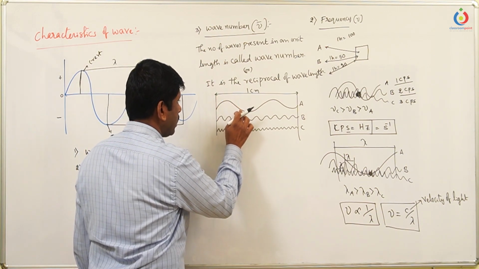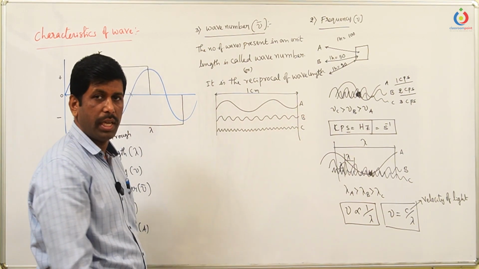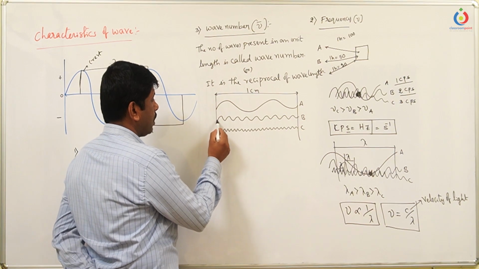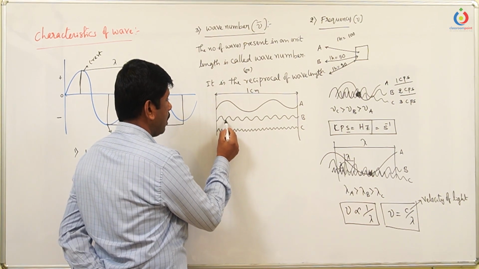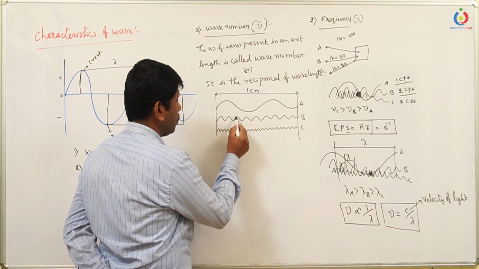This is one cycle up to here. This is again remaining. Let us consider the complete cycle is over. So 2 cycles are present. Here you have to count. See, this is 1, this complete crest, complete trough. So 1, this is 2, 3, like this.